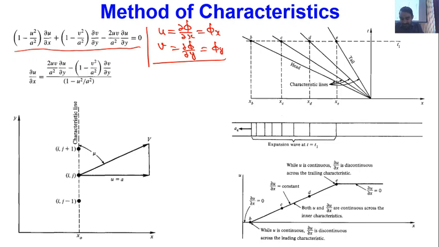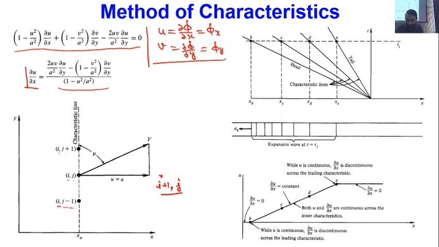Now from this equation, if I have to calculate the value of del u by del x, I keep del u by del x on one side and everything else on the other side. So if I know the values of del v by del y and del u by del y, then I can calculate del u by del x easily. In the xy plane, I have considered a line. Along this line I have different points: i comma j, i comma j minus 1, i comma j plus 1, and this is point i, j. Similarly, in the next direction I can have point i plus 1 comma j.